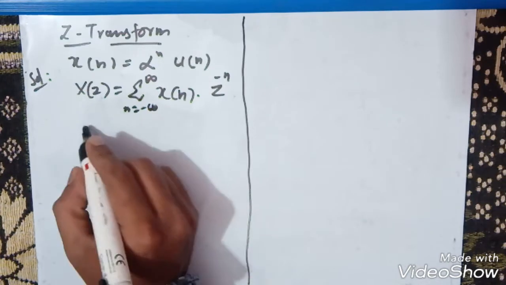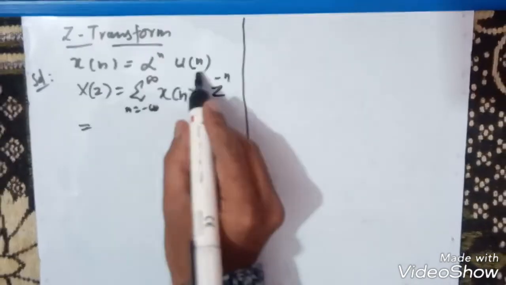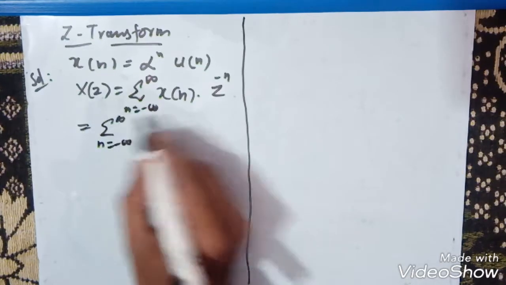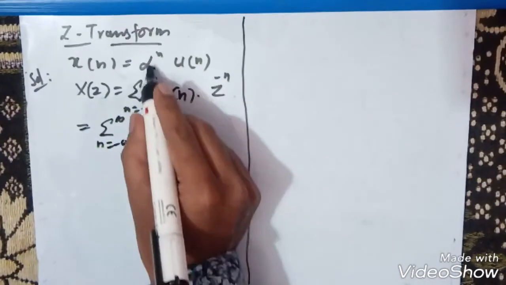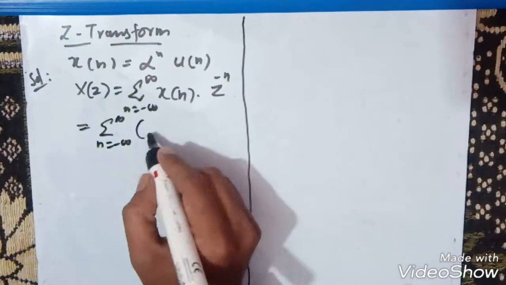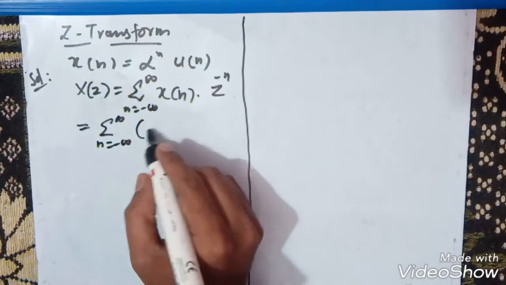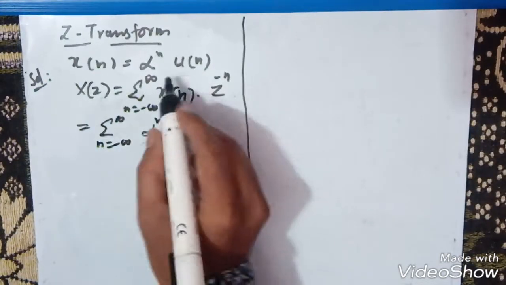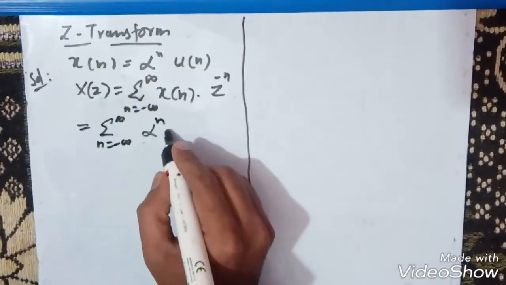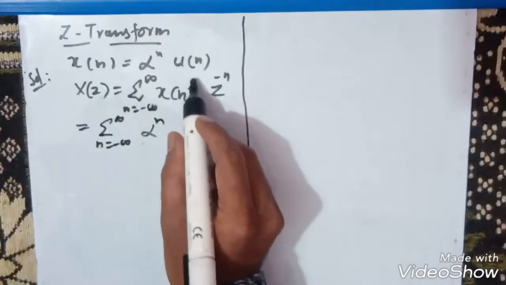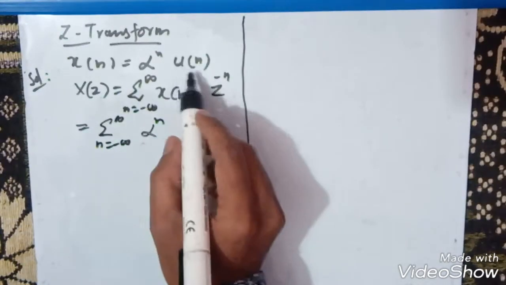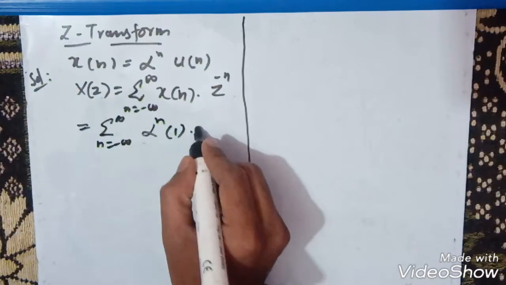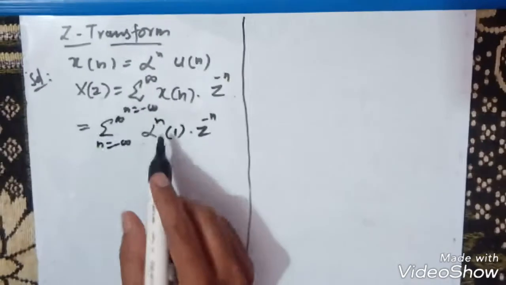So to solve this, we'll substitute the value of x of n which is given in the question. So summation of n from minus infinity to plus infinity alpha raised to n into u of n, whose value is 1, you know the unit step value is 1, into z raised to minus n.